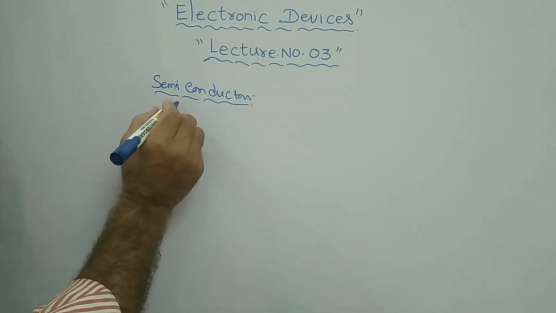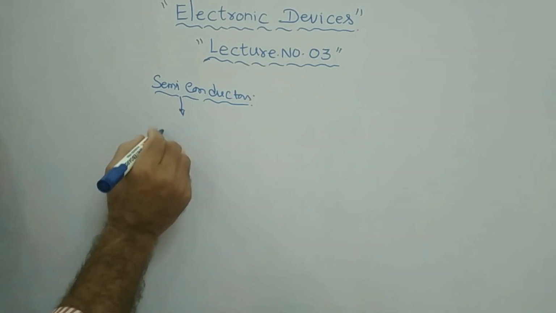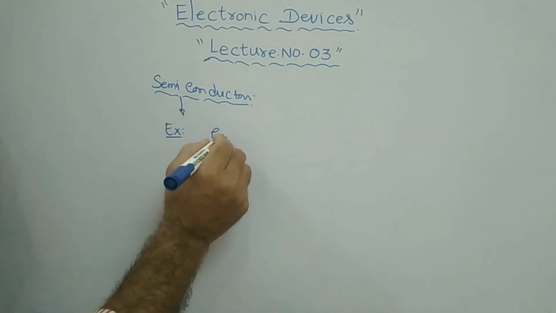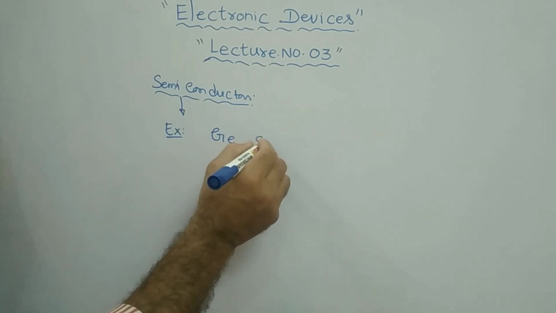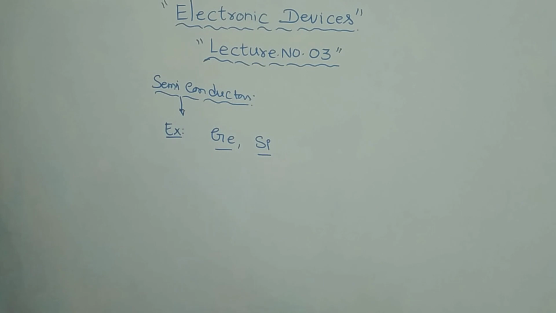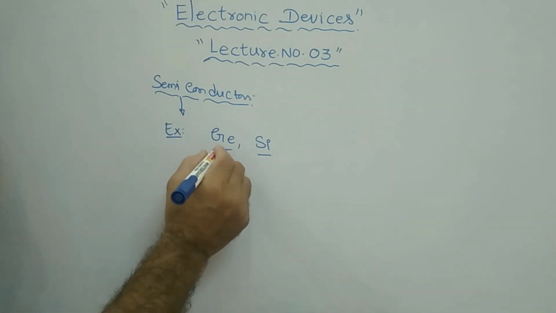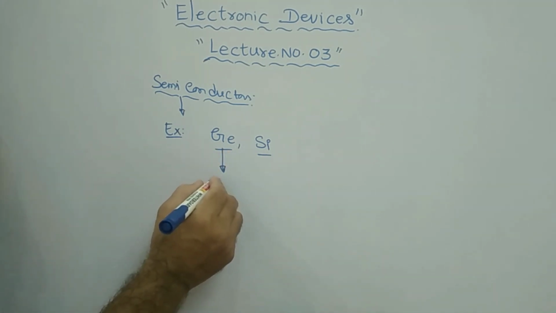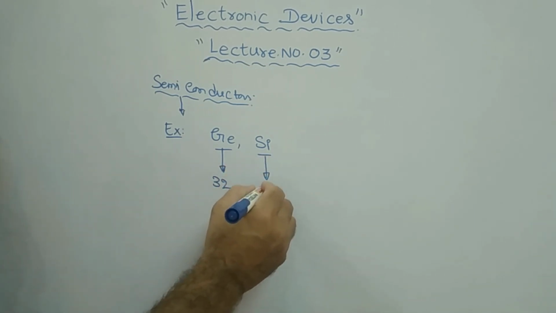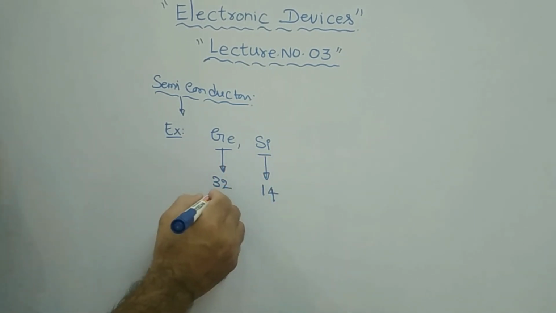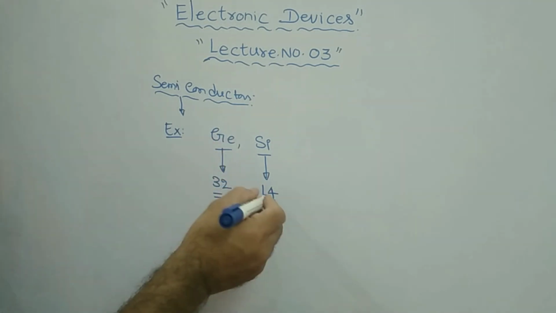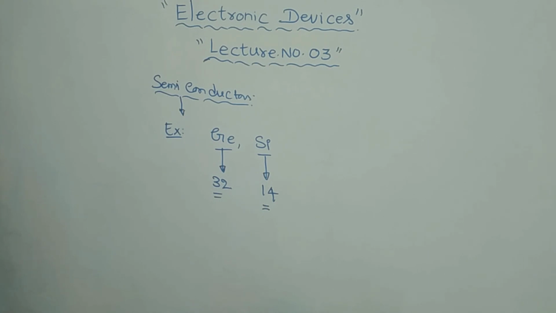The best examples of semiconductors are germanium and silicon. The atomic number of germanium is 32, whereas for silicon it is 14, right?